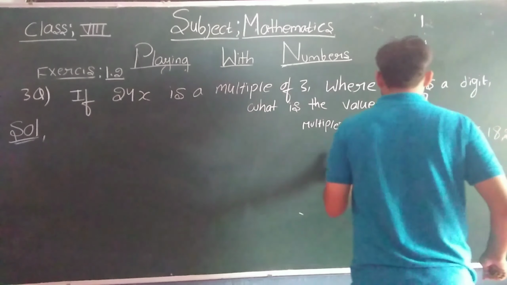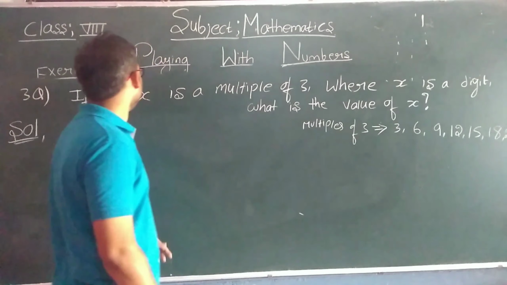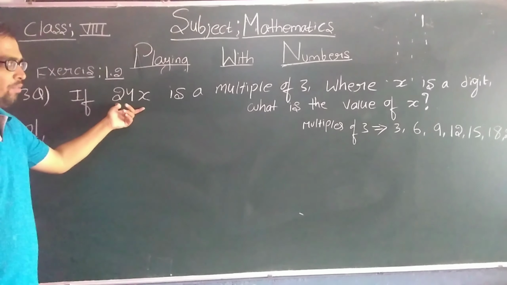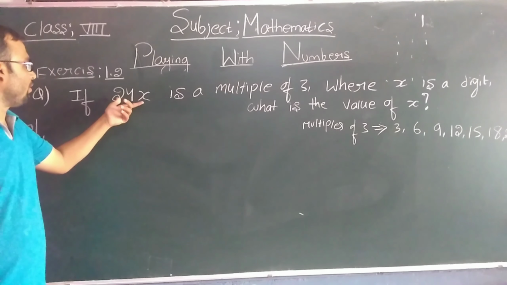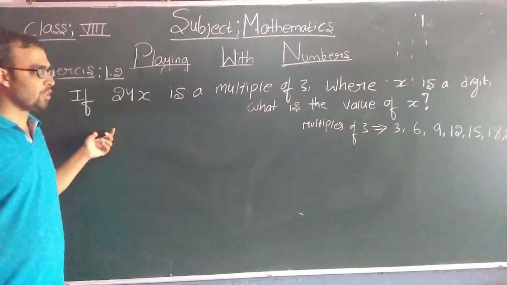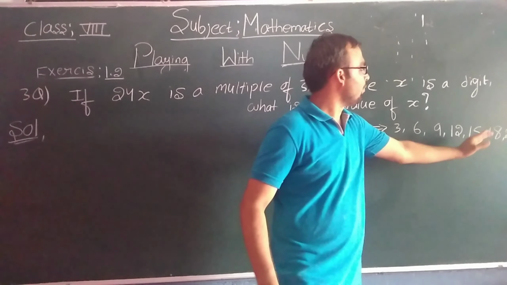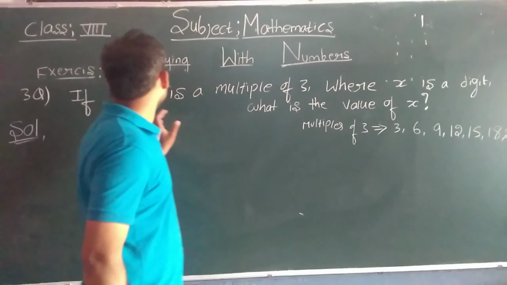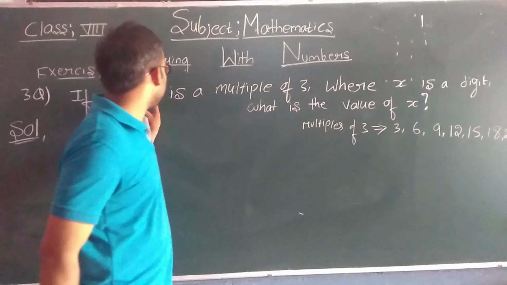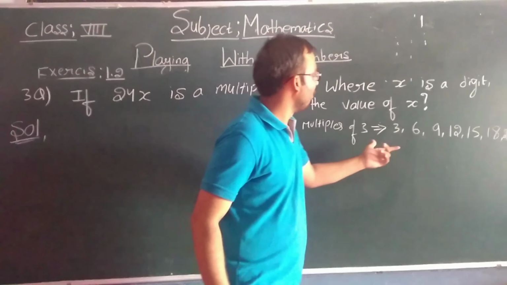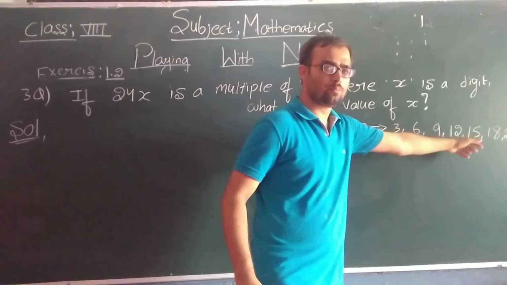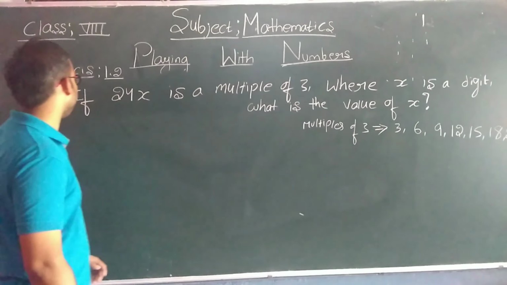So if this is a multiple of 3, then the sum of these digits must be equal to any of these multiples. Okay, so let us try.